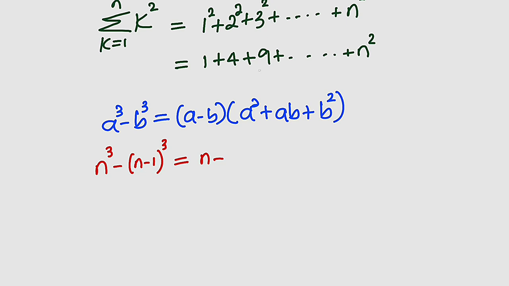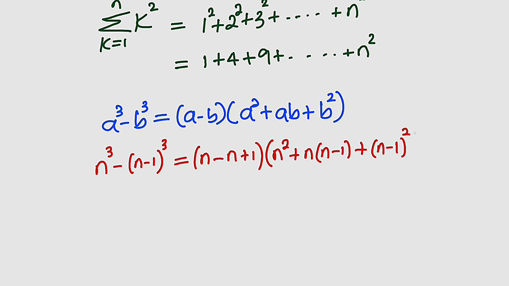If you minus this, you have minus n plus 1, because the minus is going to affect the two terms. Then in the other bracket, we have a squared, and a is n, so we have n squared, plus a, which is n, multiplied by b, which is n minus 1, then plus b squared, and b squared is n minus 1 squared.